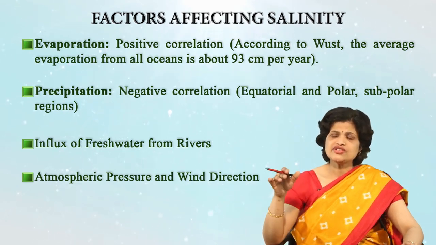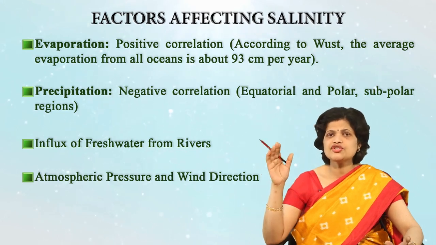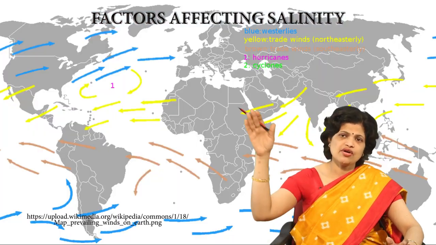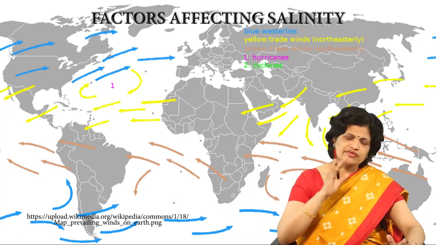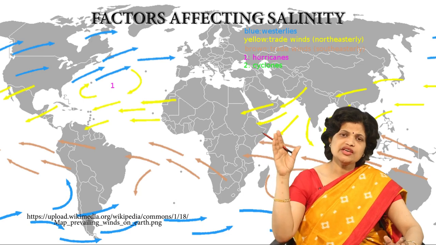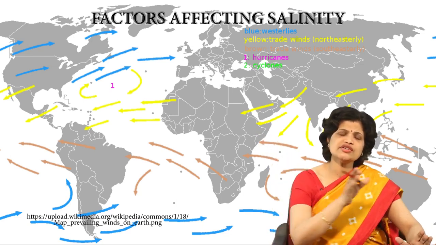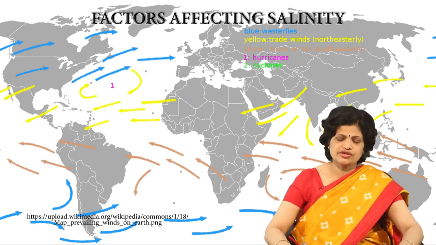And wind direction also has an effect on salinity, like take for example trade winds. Northeast trade winds and southeast trade winds blow from the eastern part of the oceans, and they deposit water towards the western side of the ocean.